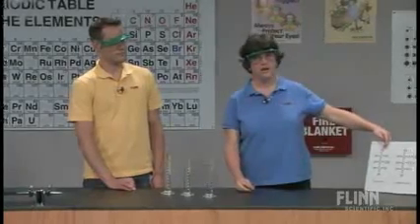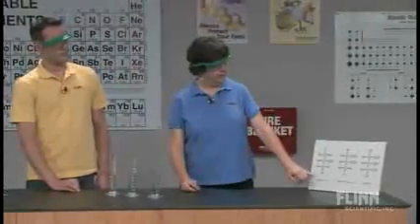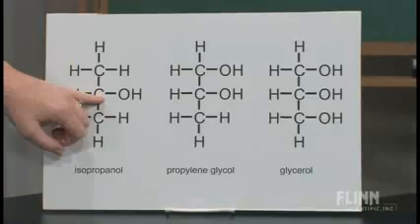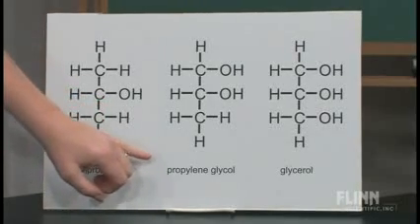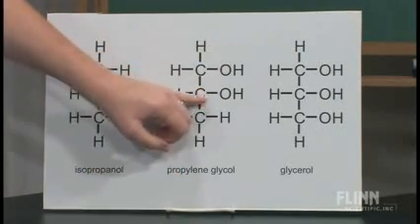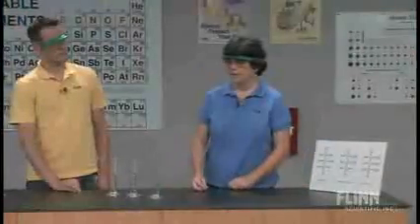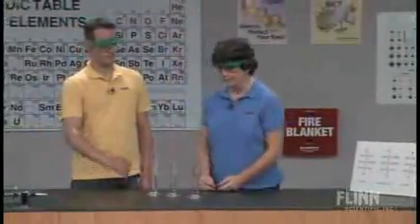Going back to our chart, I refer to that quite frequently. The propanol has 1 hydrogen bond between each molecule. The propylene diol, propylene glycol, makes 2 hydrogen bonds, 2 hydrogen bonding sites. Glycerol has 3.